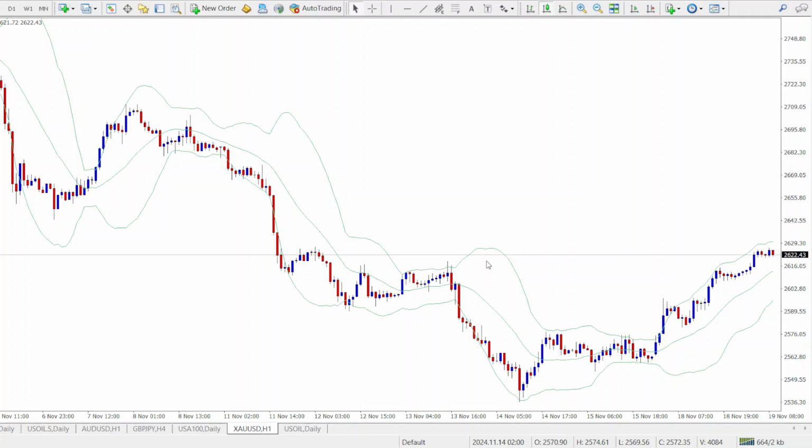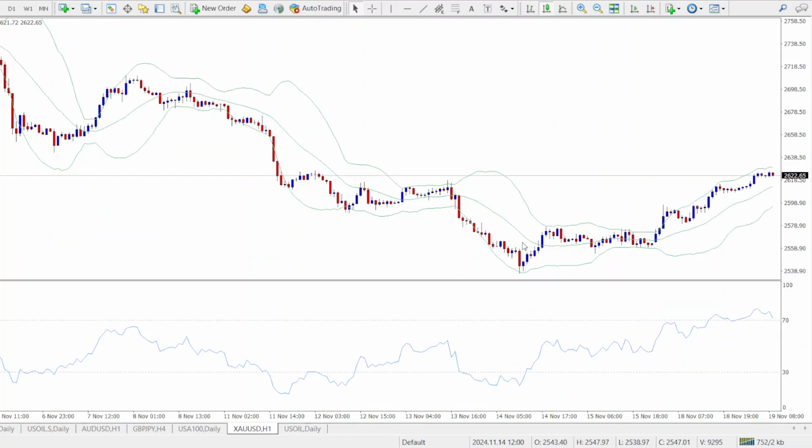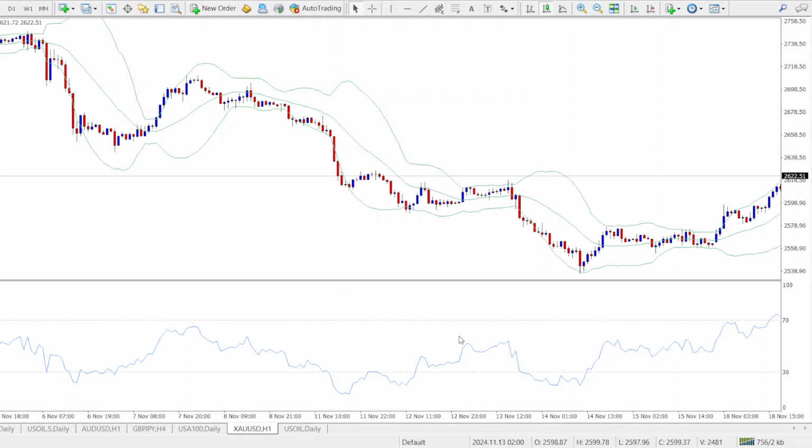This disconnect often signals a potential trend reversal or continuation. And when you layer this on top of Bollinger Bands, you've got a killer strategy to identify potential high probability setups. Now I'm just going to be adding the RSI to the chart so that we can look at a practical example.